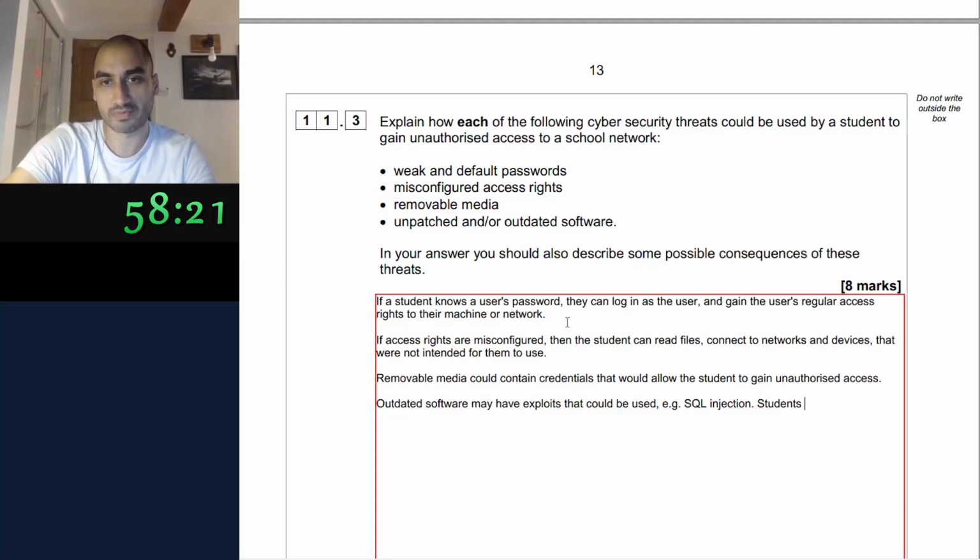They want us to describe some possible consequences. So students could delete, could display or delete important data in a database.